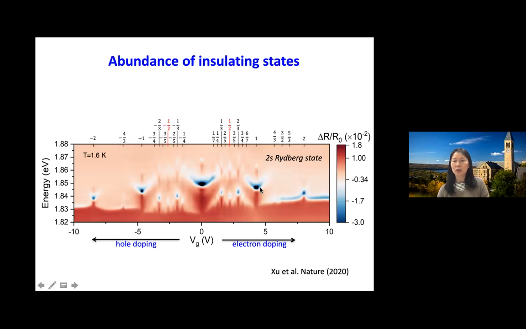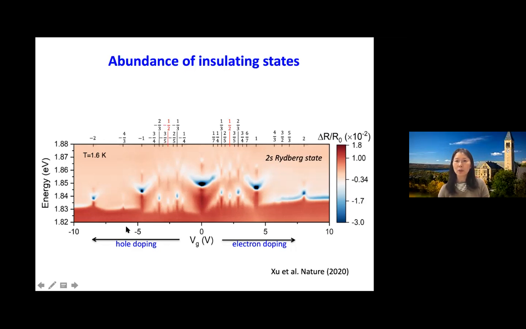The color means, if you see blue, you have strong absorption, large oscillator strength. Red and orange means small. And this is the energy, so higher energy also means stronger binding for this 2s exciton.